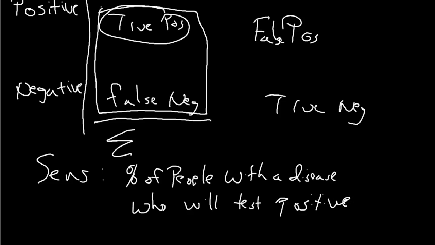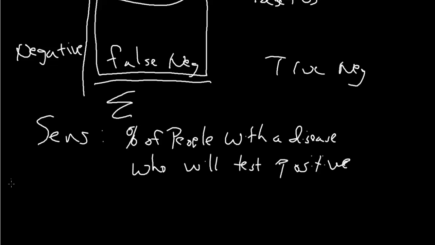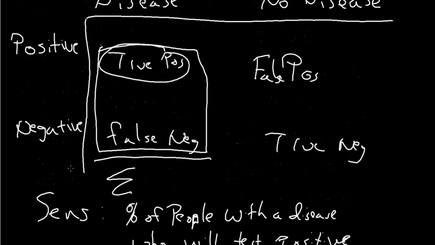So for example, if I am screening or testing for streptococcus, strep throat, what percentage of people who have strep throat will test positive with my new assay? And that's a valuable number.